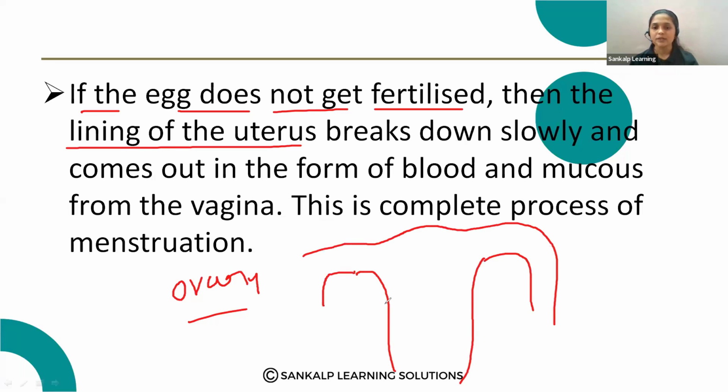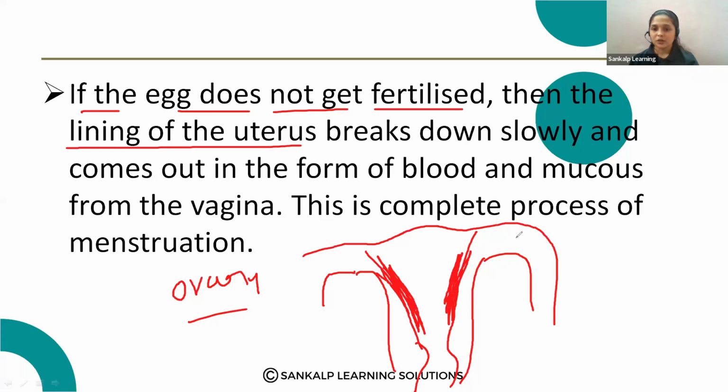So just imagine this is the uterus. Here, the inner layer of the uterus is preparing for the attachment of the embryo every month. It becomes spongy and gets the blood supply.